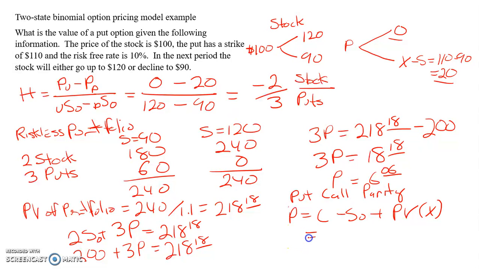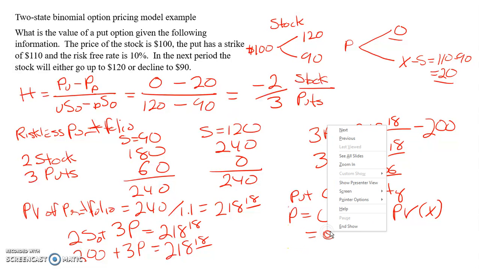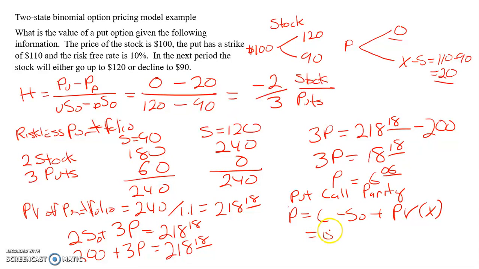So remember the price of our call was $6.06. The stock price is 100, and then the present value of our strike is 110 divided by 1.1, which happens to be 100. So the value of the put is $6.06.